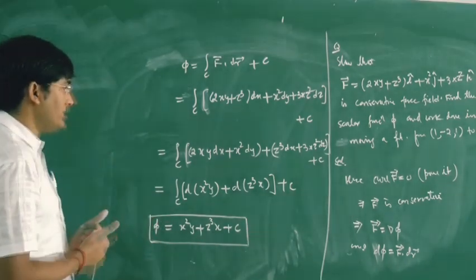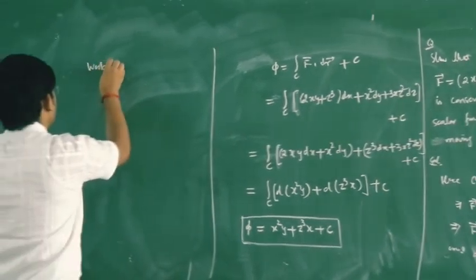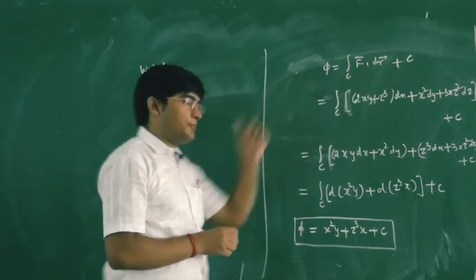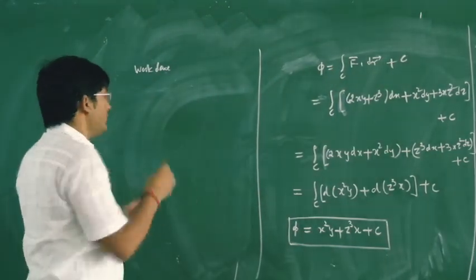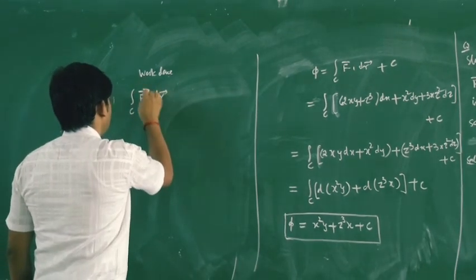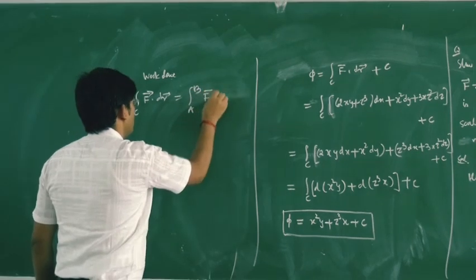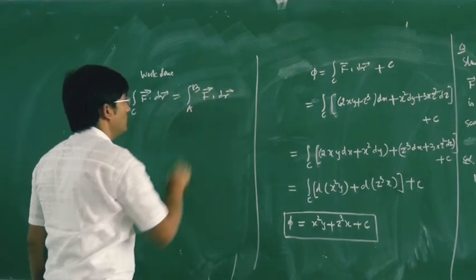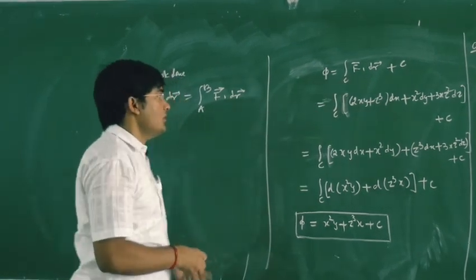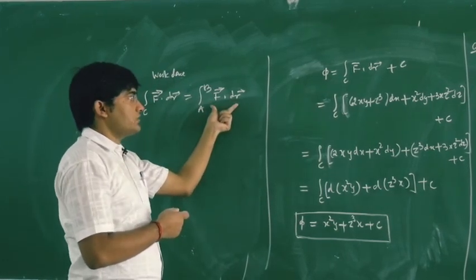Now we have to evaluate the work done. So the work done will be integral c f dot dr. So the work done in moving the point from the point say A to B is equal to, now this f dot dr is your d phi, so the integral is phi.